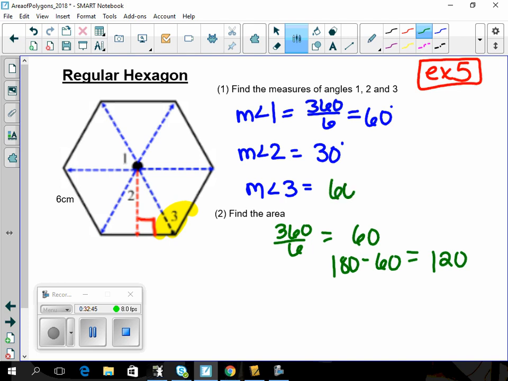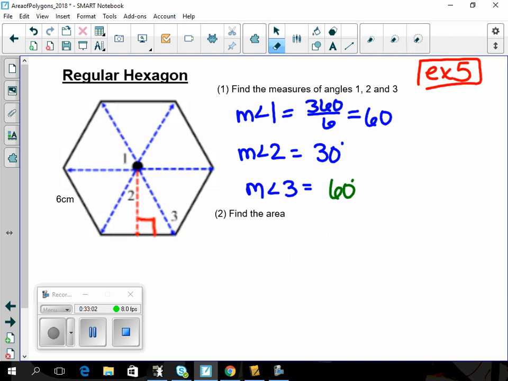What's angle 3 going to be? Half of that. The fact that these two are the same is a coincidence, right? So just be careful of that. It doesn't always happen that way. All right. So we got the angle measures. That's great. I want us to find the area of the hexagon.